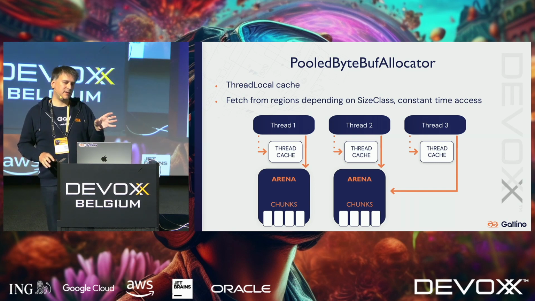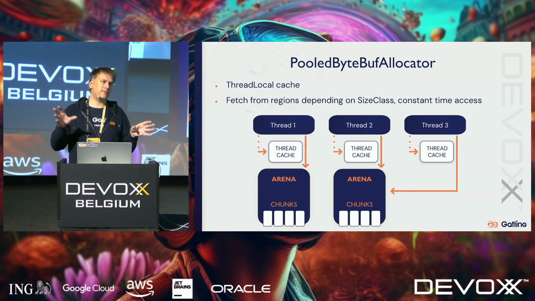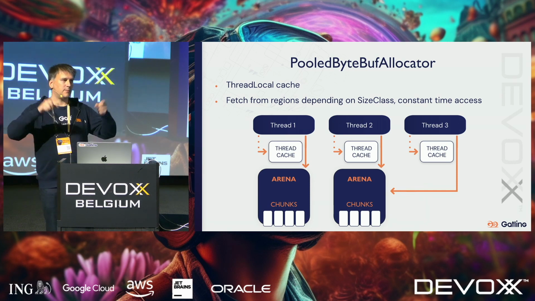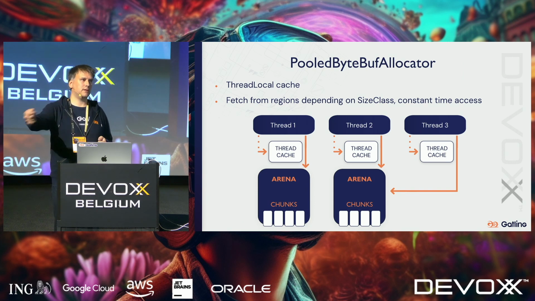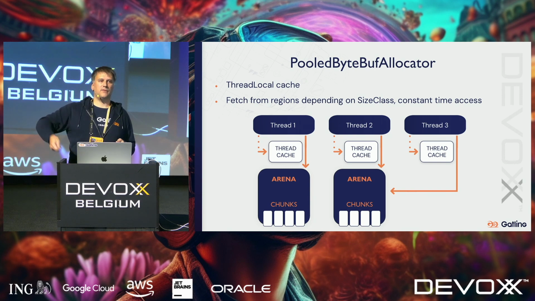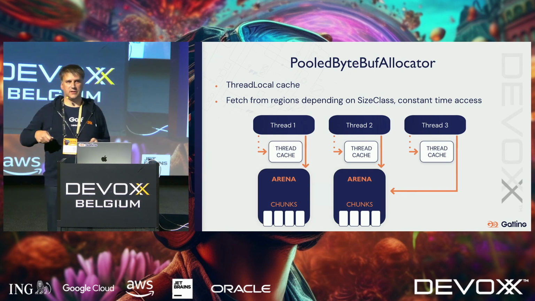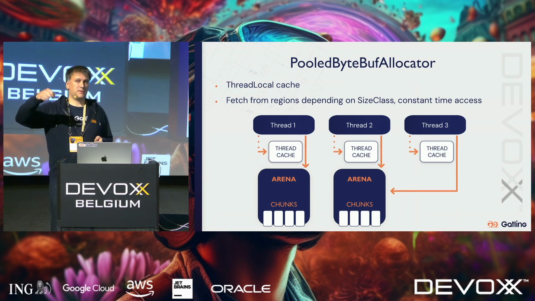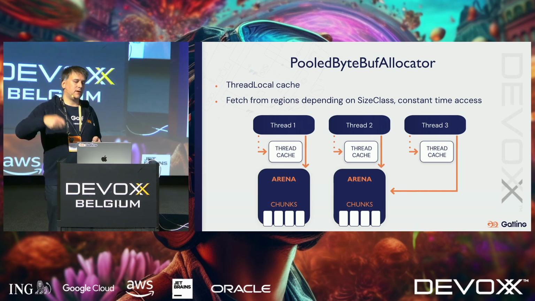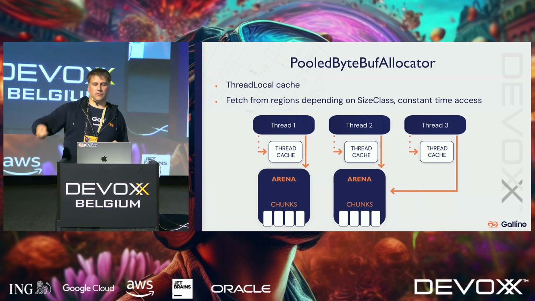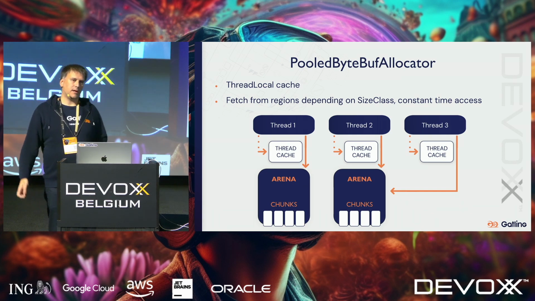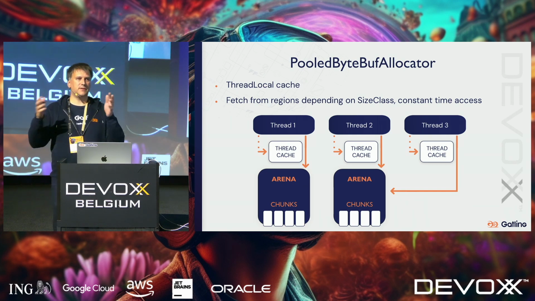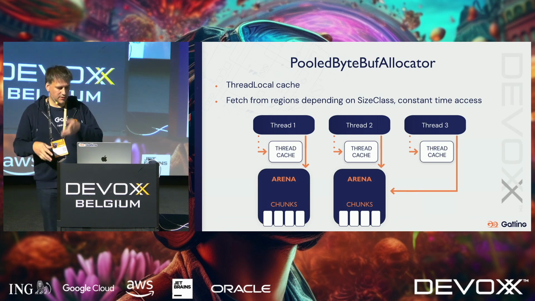So the first thing is that it relies on thread local caches. When you have some thread that wants to do some allocation and actually get some data from the memory pool, first it will hit a thread local cache, where there's possibly some memory available. If not, it's going to request the data from an arena, which is basically an allocator, and it has notions of pages and runs, etc., and chunks.